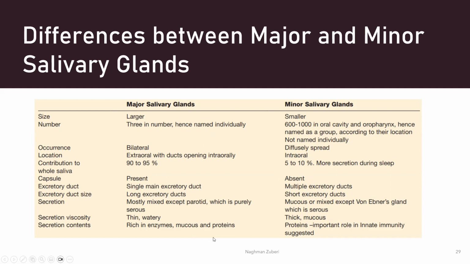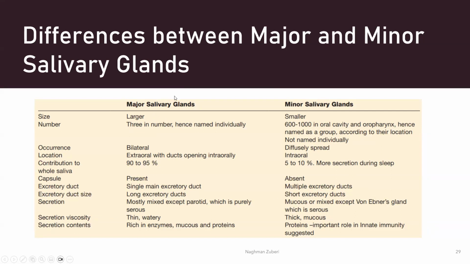Excretory duct: a single main excretory duct for the major salivary glands other than sublingual. Sublingual has two different types of salivary ducts. Whereas minor salivary glands have multiple excretory ducts. Excretory duct size for major salivary glands: long excretory ducts. Minor salivary glands: short excretory ducts.